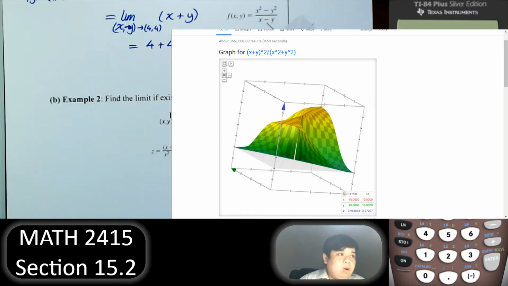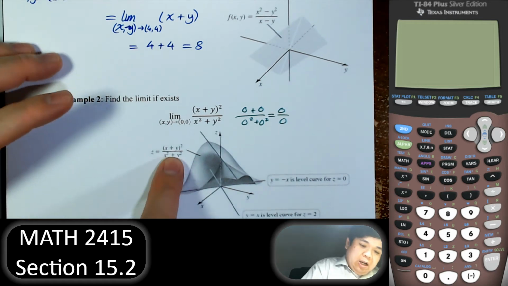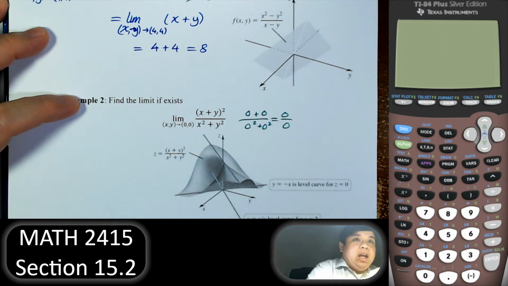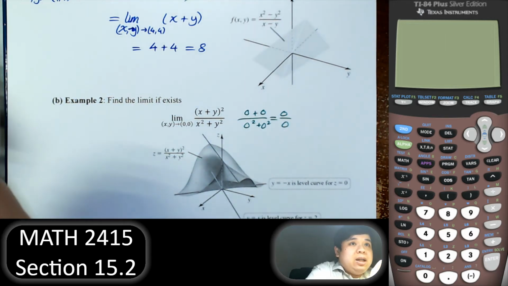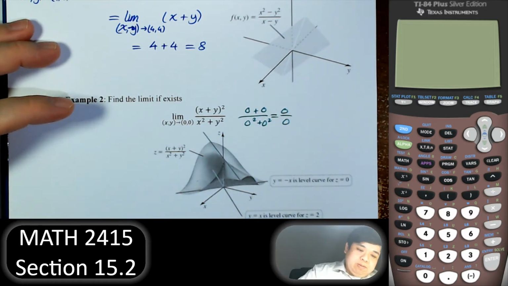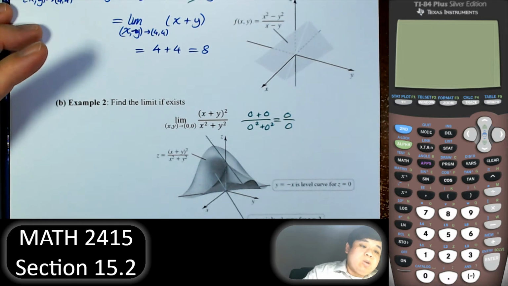Oh, sorry, wrong one. Right. So take a look. We have the function. Now remember, we go to 0, 0, right? If we go to 0, 0, we can say let x equal to 0, and then we let y go to 0. So there are a lot of different ways to approach this problem.